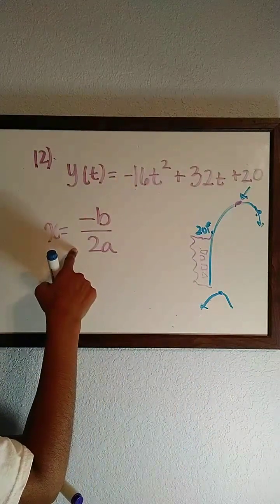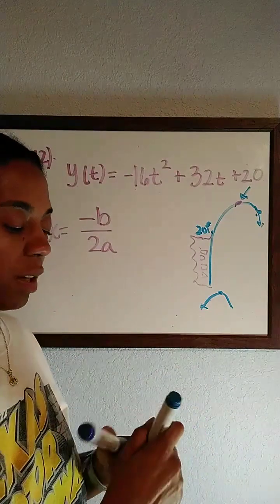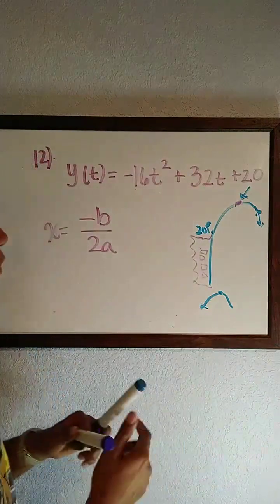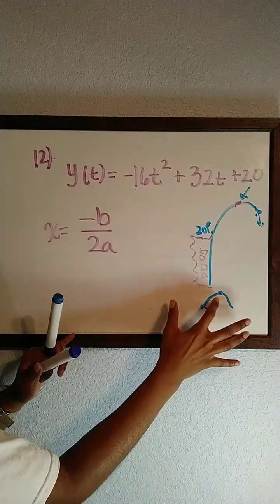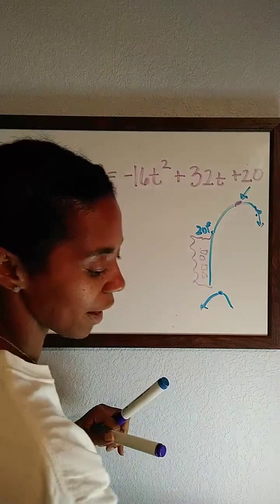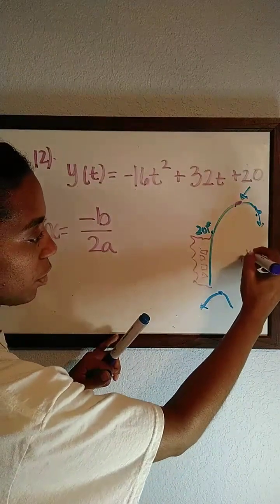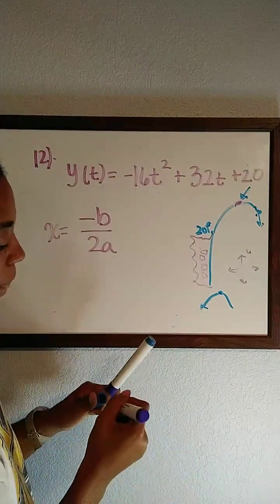Remember when I was talking about how we determine the y-intercept, the x-intercept, this is kind of like that. But this is your vertex. So we're going to use this to help us find out what our y value is. That's going to tell us how high, okay? Remember the y-axis is your vertical, your x-axis goes that way, okay?